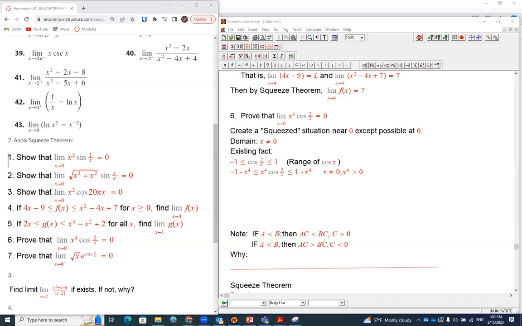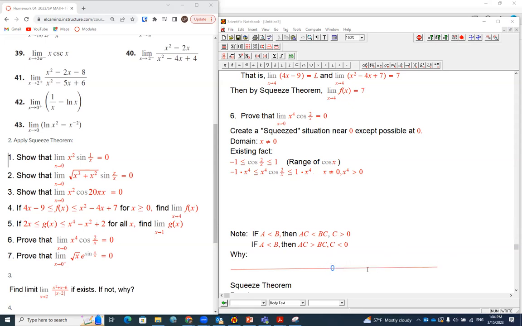If A is smaller than B, so this is A, and this is B. Let me put an origin here, a 0.